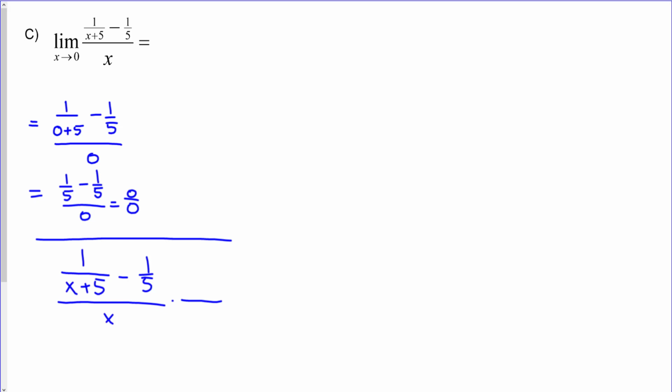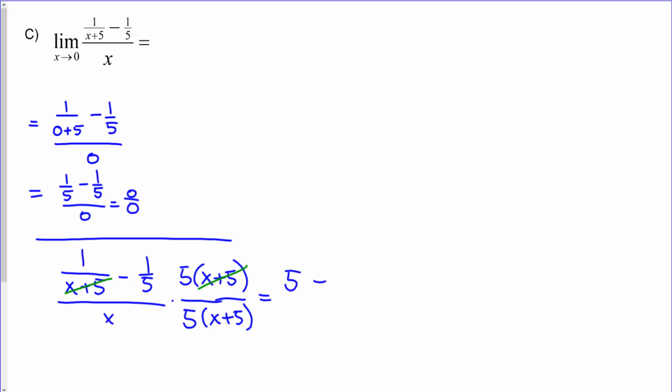Generally what you need is whatever the least common multiple is of the denominators. So I'm going to multiply everything through by 5 times x plus 5. Alright, so if I multiply this term times the fraction 1 over x plus 5, the x plus 5's cancel. That leaves me with the factor 5.